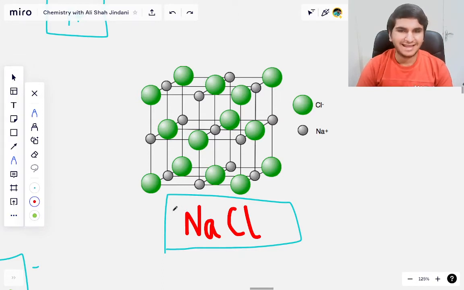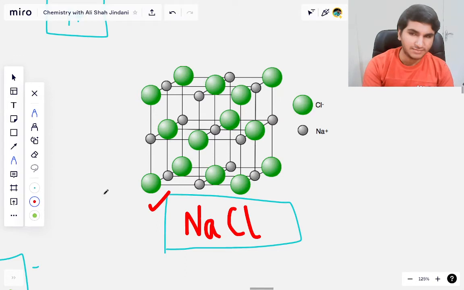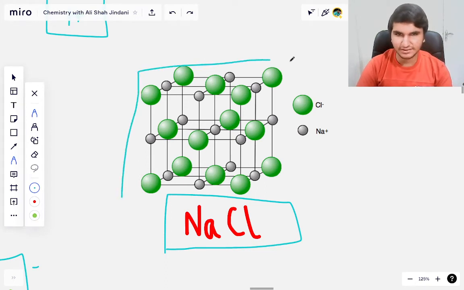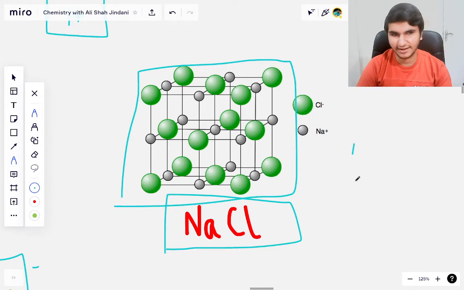Yes, NaCl is the salt that we normally consume in our homes, mostly sodium chloride. But there are other salts as well: magnesium oxide, calcium oxide, magnesium chloride. There are many. These salts form a lattice kind of structure.